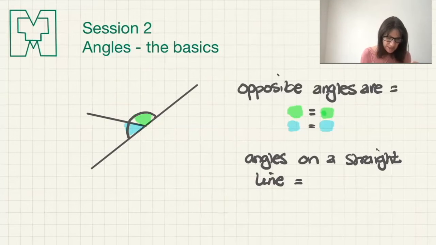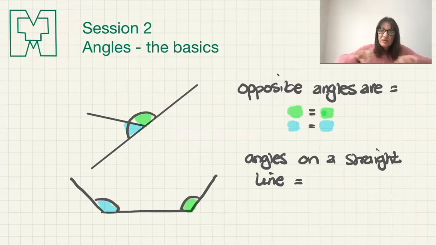All right. So let me give you an example of something that people do. This could be something that you've done in the past that we've got to try and avoid. So I've got a straight line. I've got a line going off that way. I've got a line going off that way. I've got two angles. I've got a blue one here. I've got a green one here. Now they don't touch.